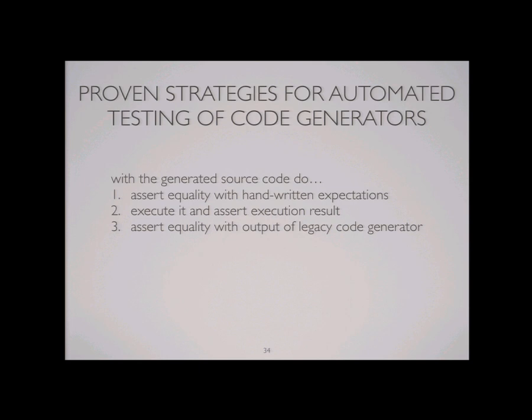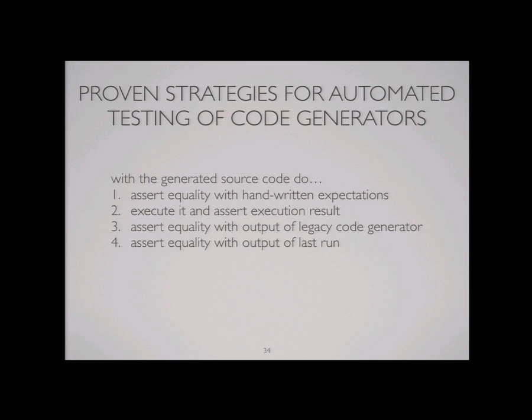For example, it's quite useful to ignore white space when possible, ignore comments when possible, and maybe agree on a small set of accepted deviations from the legacy code generator, because what we've seen is that most legacy code generators work quite well, but in some corner cases they do stuff that we really do not want to implement again, which are more like a result of some quirks and not really design behavior.